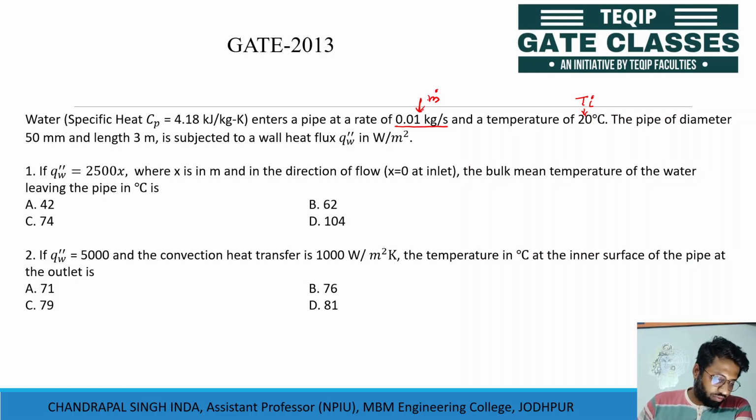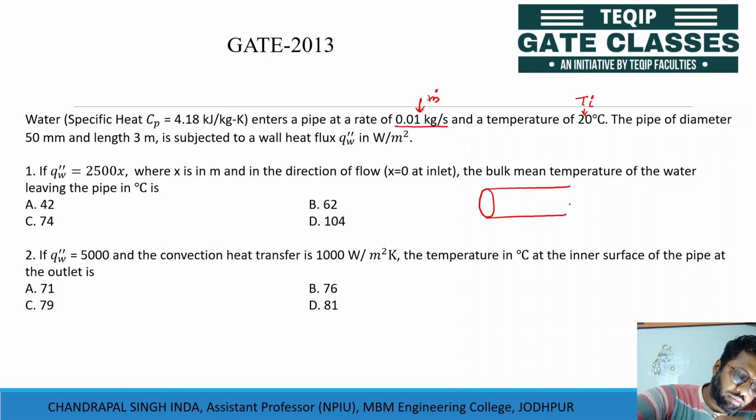The first question is asking that q wall is equal to 2500 x, where x is in meters and in the direction of the flow, meaning this is a pipe and this is x from 0 to L, and L is equal to 3.